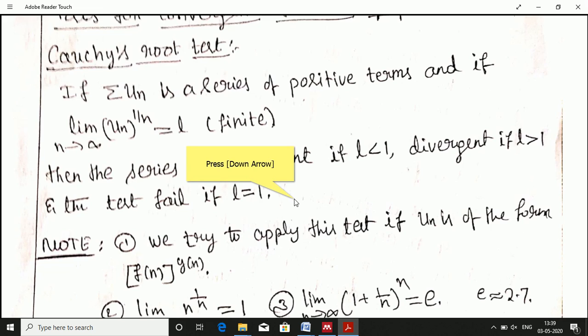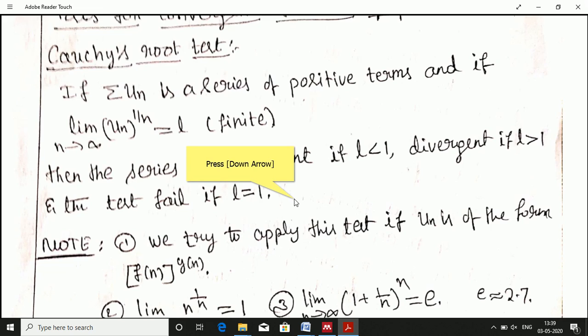If sigma un is a series of positive terms and if limit of un to the power of 1 by n as n tends to infinity is equal to L, where un is the nth term of the infinite series, and L comes out as a finite quantity, then the series is convergent if L is less than 1 and the series is divergent if L is greater than 1, and the test fails if L is equal to 1. In such cases, we need to go for some other test.